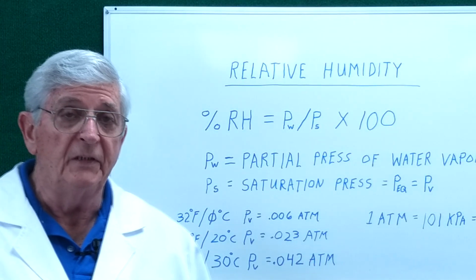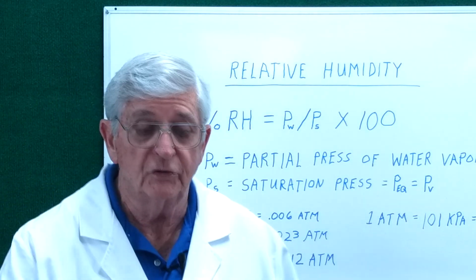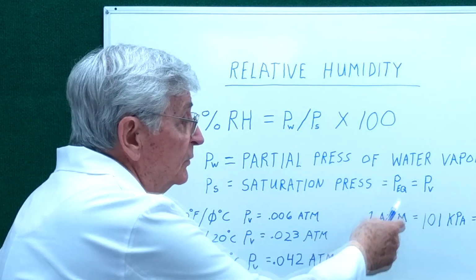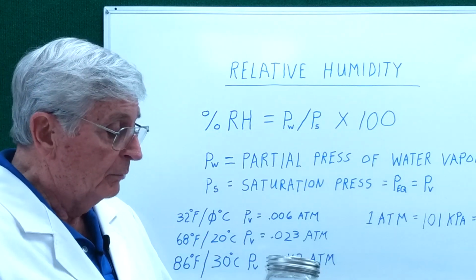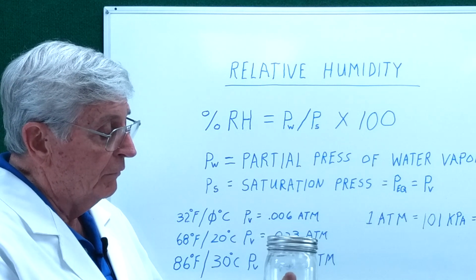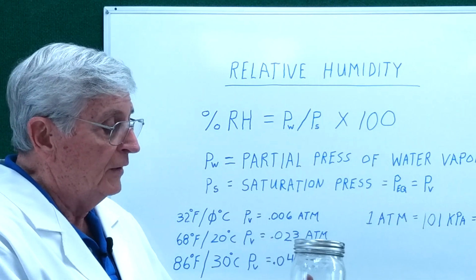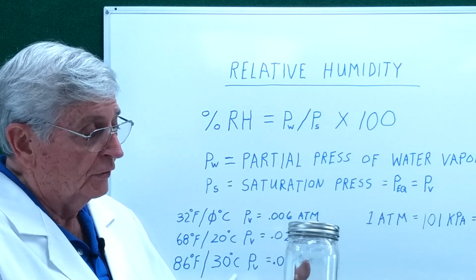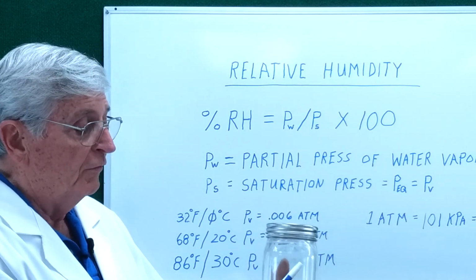Before we move on to the demonstration, there's some additional points I wanted to make. The reason this is sometimes called the equilibrium pressure, that's when the vapor pressure of the water is in equilibrium with the partial pressures in this trapped volume here.